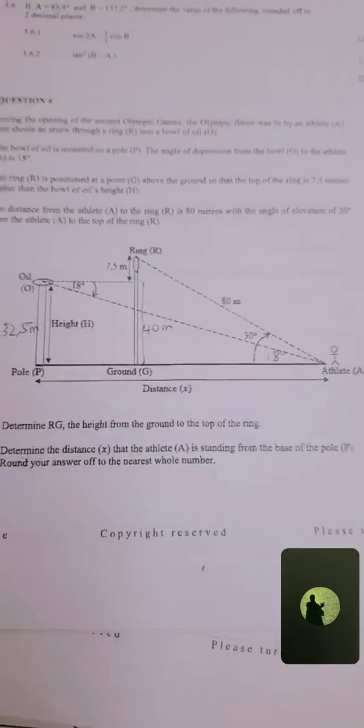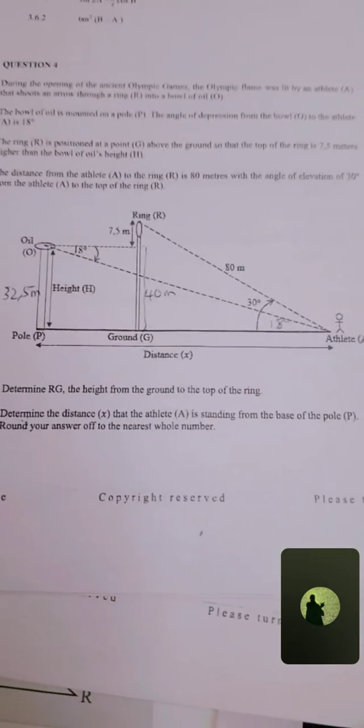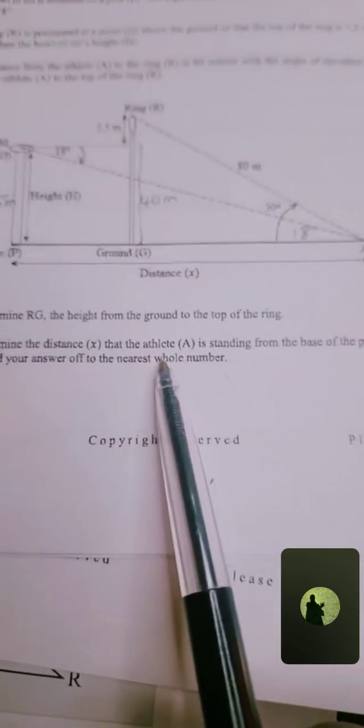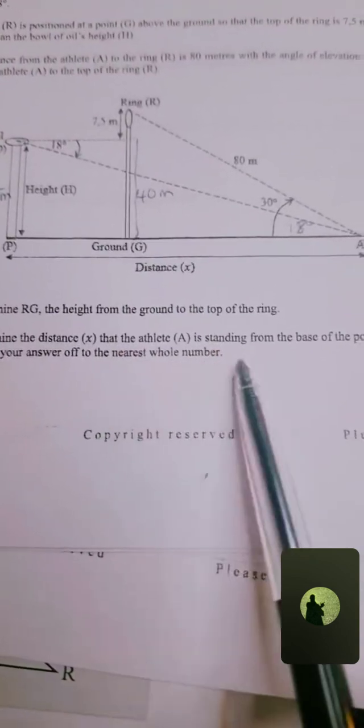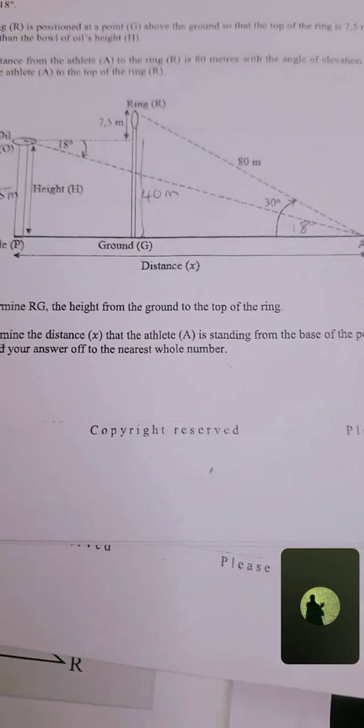He's running the 100 meters there, from the pole to the athlete. It's interesting because we're talking about the Olympic Games here. So 100 meters is the distance. The question says round off your answer to the nearest whole number, so 100 meters is spot on, buddy.